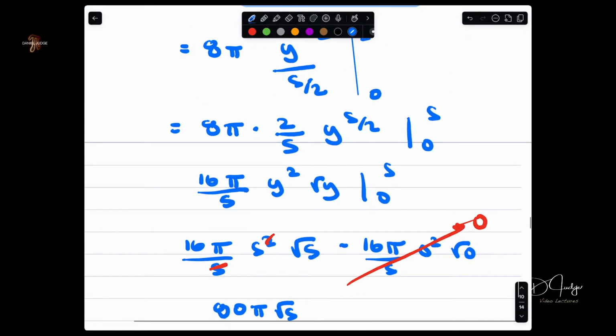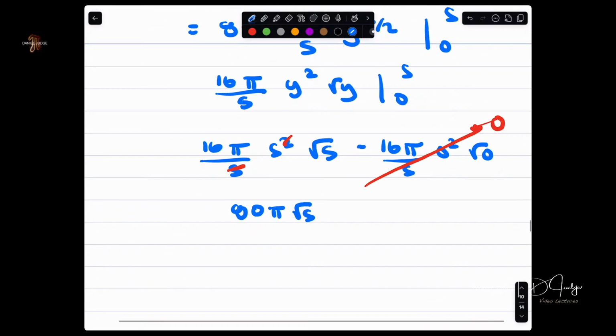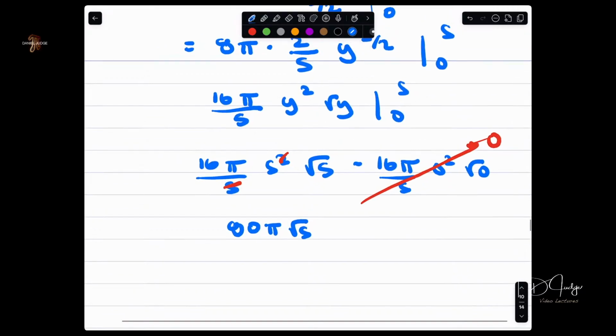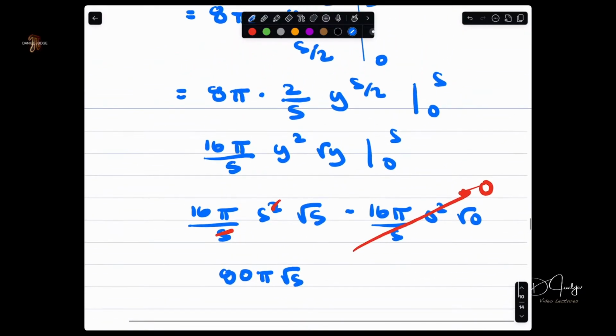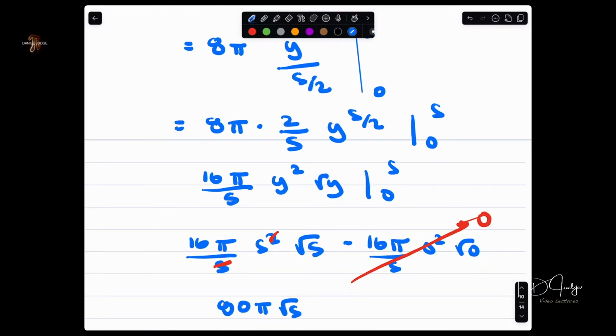Anyway, double checking here. 8, 2, 16, 5 pi y squared.